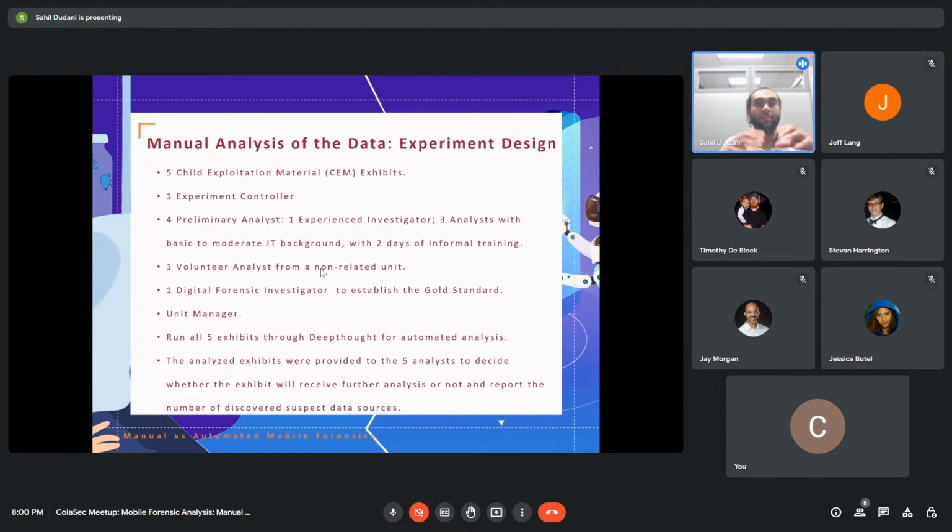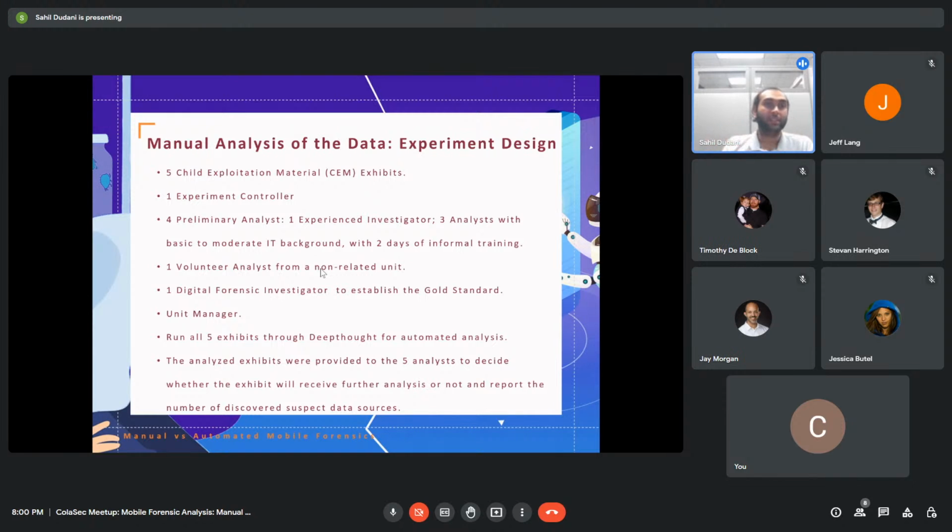So there was this highly experienced person who established the gold standard, the ground truth, for these 5 exhibits to compare to. All the 5 exhibits were run through Deep Thought, and the results from the automated analysis were presented to these five different analysts.